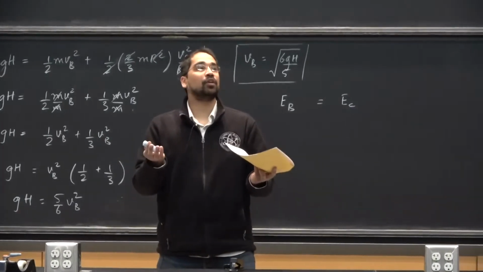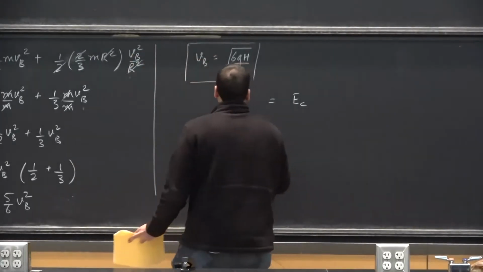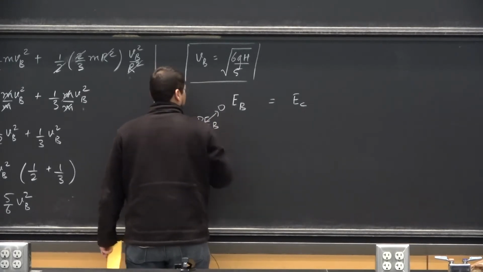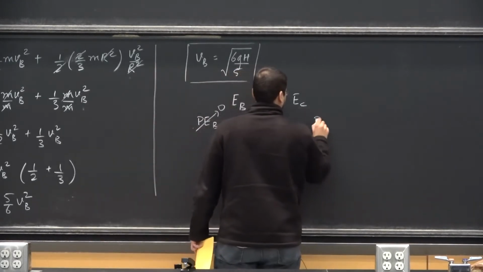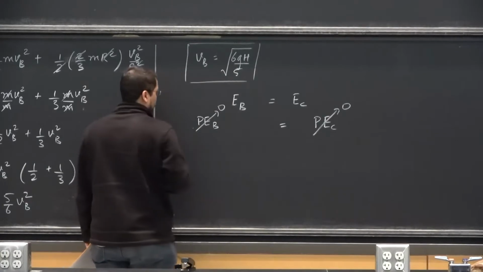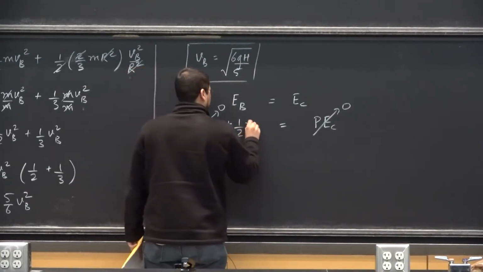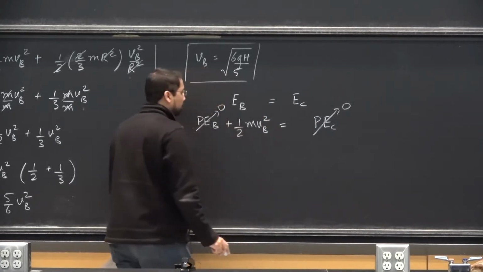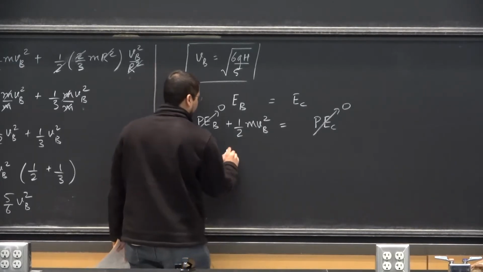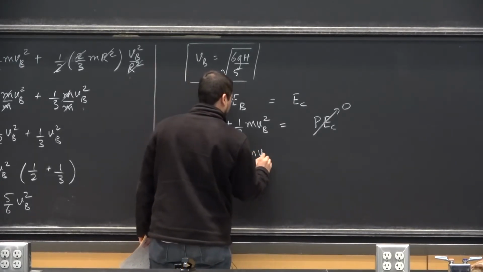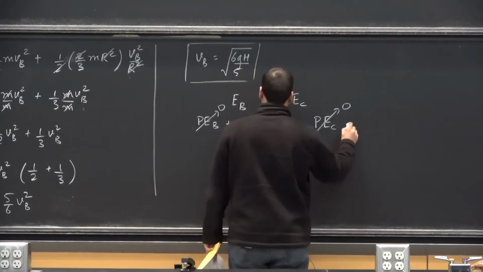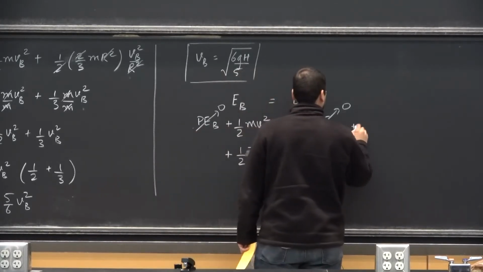That's the level from which I'm measuring all heights. So potential energy is 0 at B, and this is 0 at C. And I have a combination of rotational and linear kinetic energies.